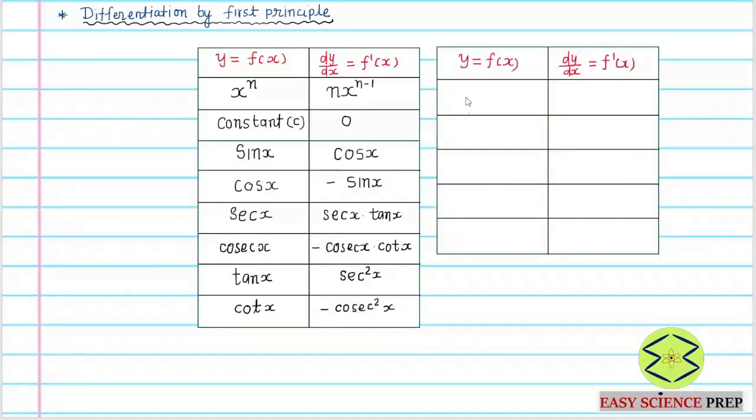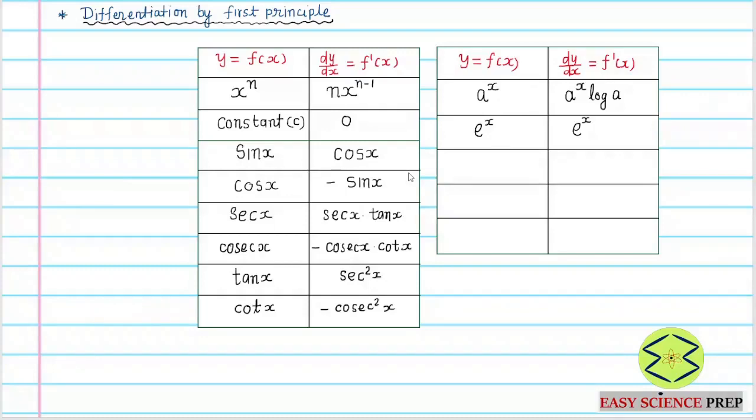We also discussed exponential functions like a raised to x, where a is a constant and x is a variable. The differentiation of a raised to x is a raised to x natural log of a. If you take e raised to x, then you will get e raised to x. So the derivative of e raised to x is e raised to x only, right?